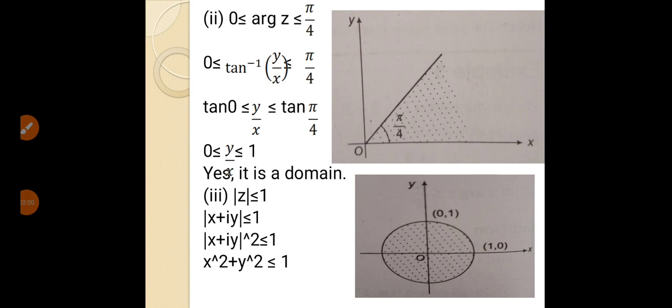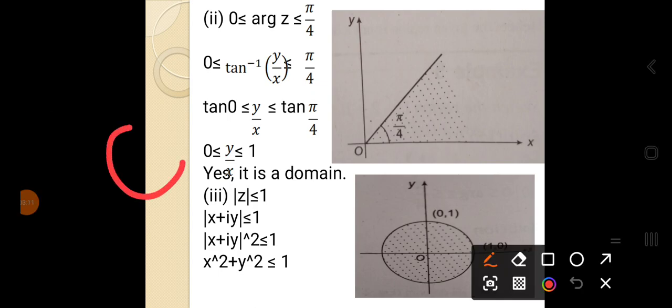Now the second: 0 less than or equal to argument of z less than or equal to pi by 4. Argument of z means theta, and the value of theta is tan inverse of y by x. Therefore we can write 0 less than or equal to tan inverse y by x less than or equal to pi by 4.